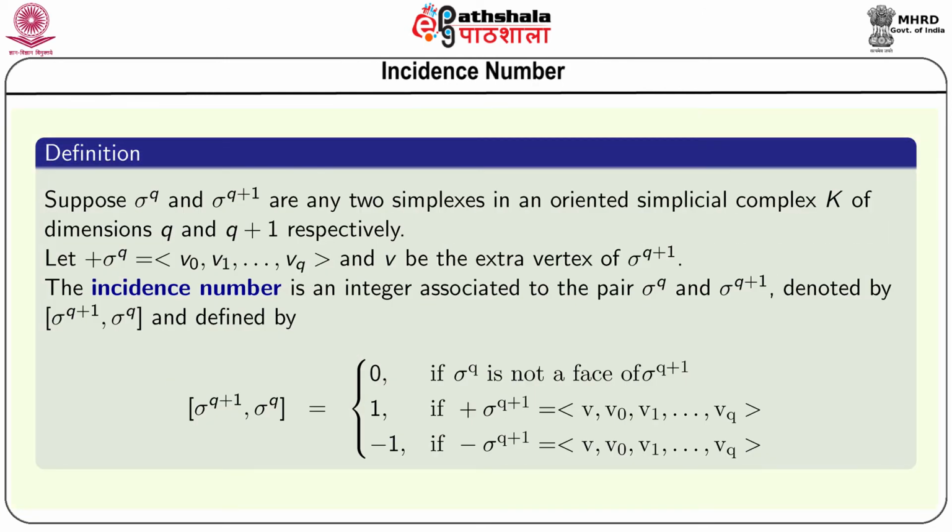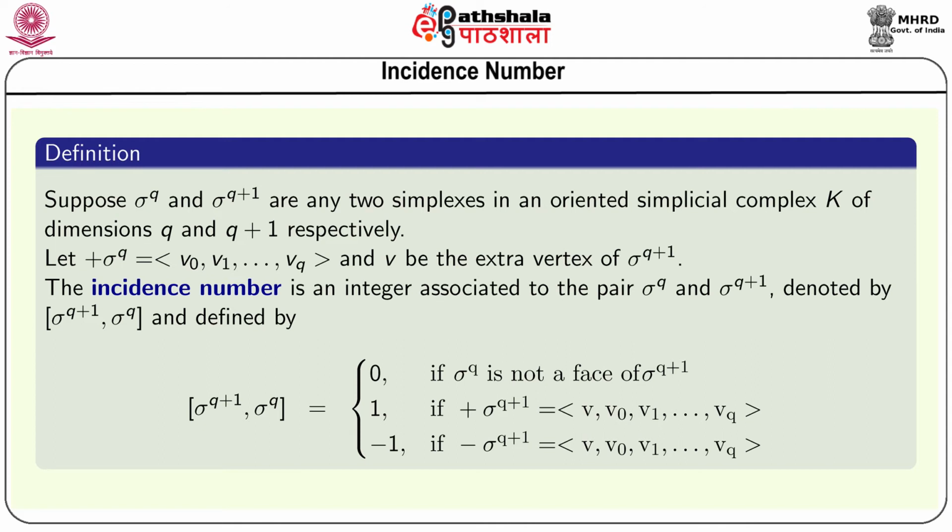We now introduce incidence number between two simplexes. Suppose in a simplicial complex K, we have chosen two simplexes, one is sigma q and the other one is sigma q plus 1. That means, two simplexes are taken from K whose dimensions differ by 1.